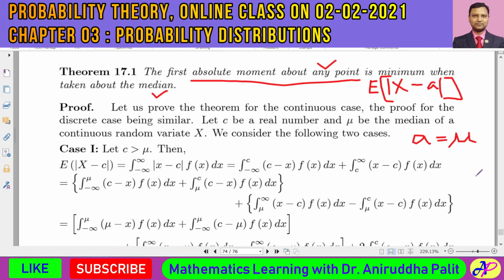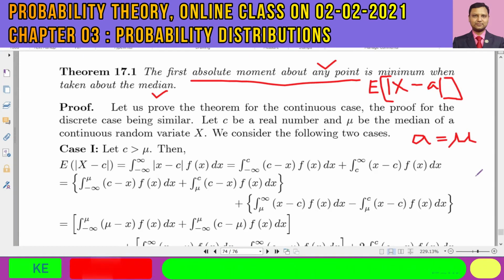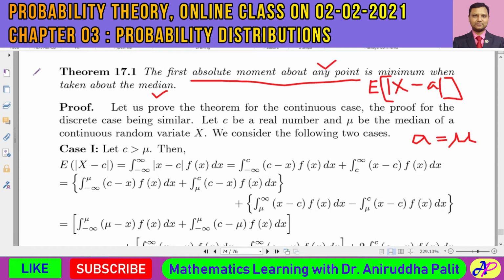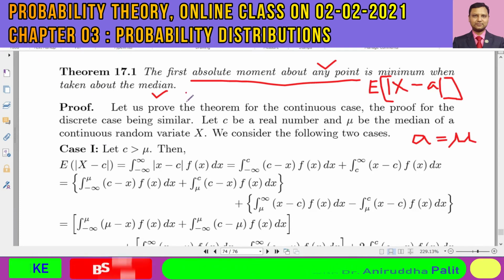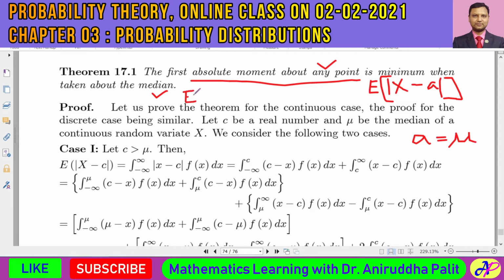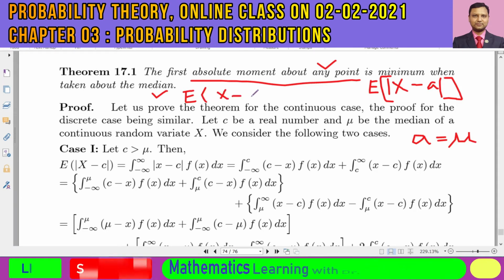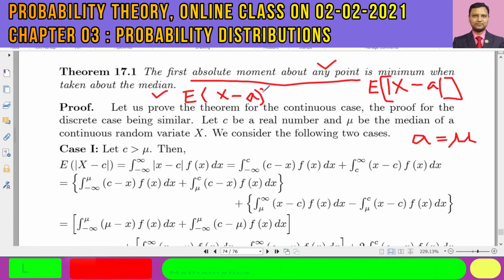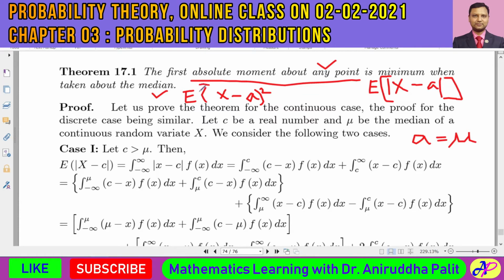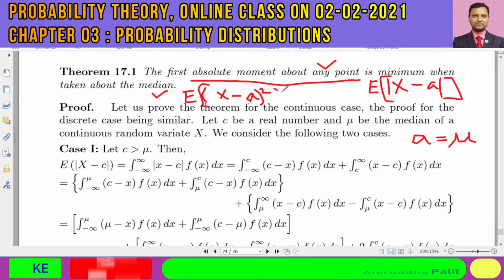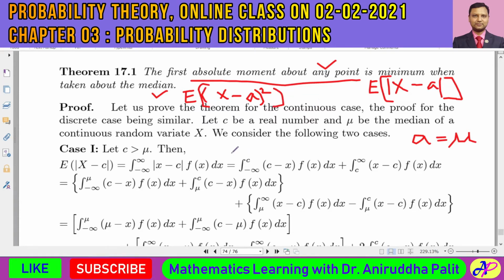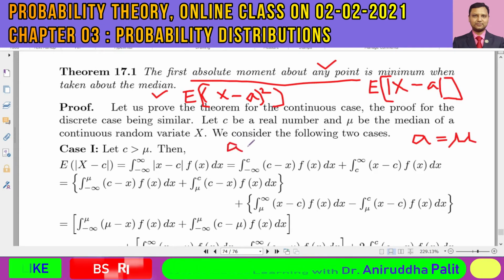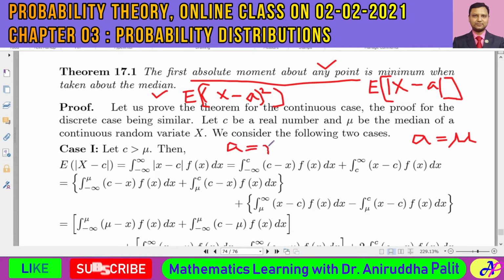Got it? We had a similar result related to mean that says that expectation of x minus a whole square would be minimum whenever this a is equal to the mean of the distribution.